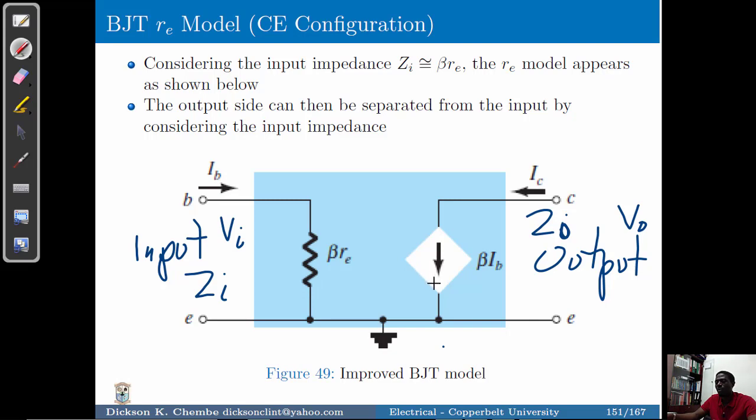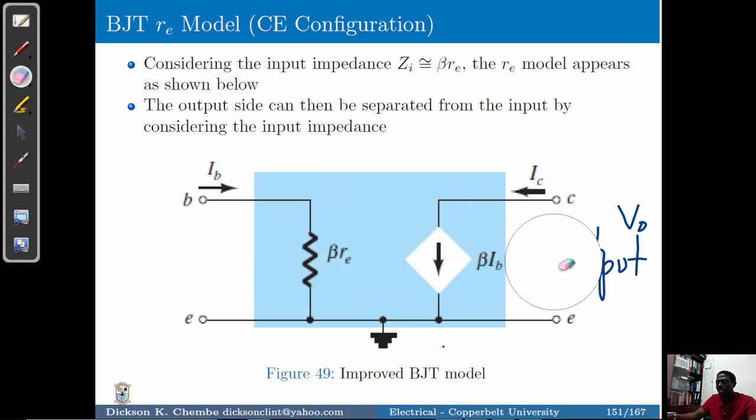But we have to also take into consideration that on the output side, there's additional resistance or impedance that has to be added to complete the model to replace the symbol of a transistor fully.